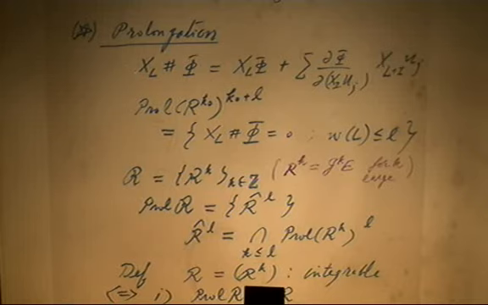So given R_{k0}, we can define the prolongation of this equation, of order k0 plus l, to be the formal derivative or variational derivative of phi with respect to x_l, with weighted order w_l less than l. So we have the notion of prolongation of differential equations.